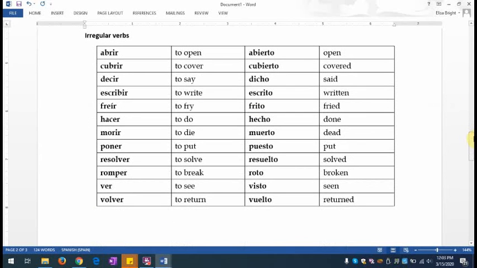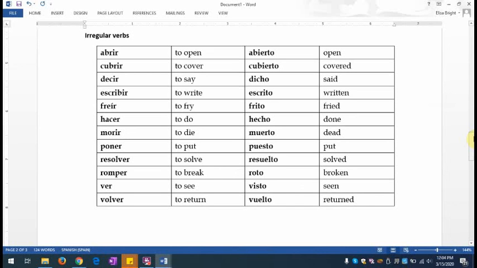So let's take a look at our irregular past participles in Spanish. Here are the most common ones. And so for abrir, it's abierto. Repeat these. Cubrir, we've got cubierto. Decir, dicho. Escribir, escrito.